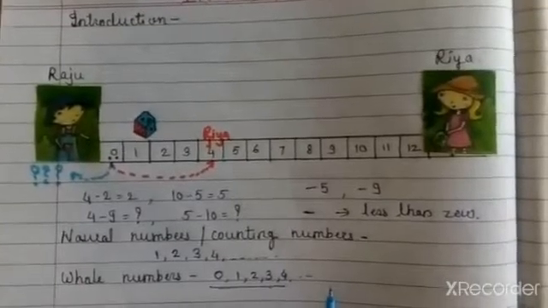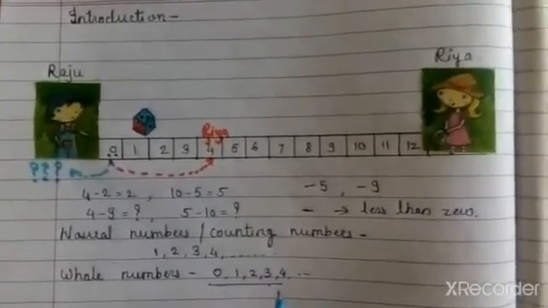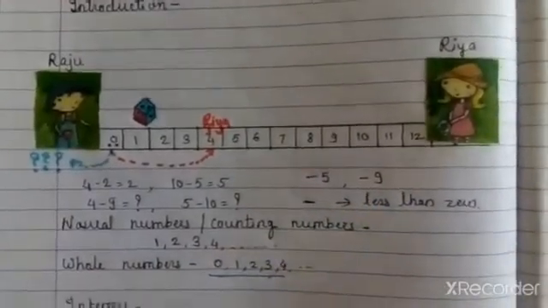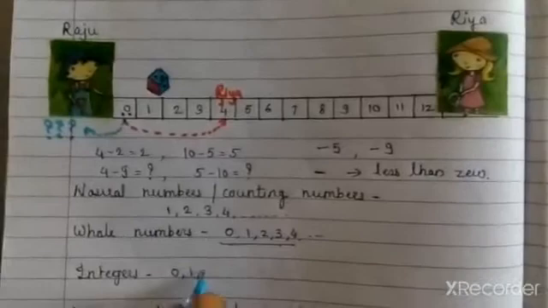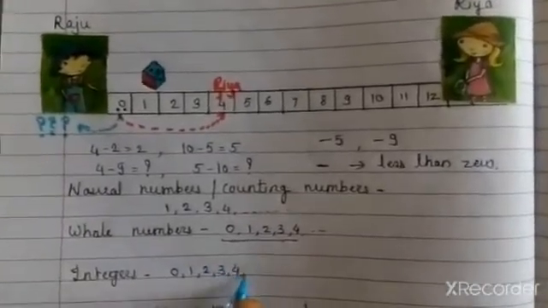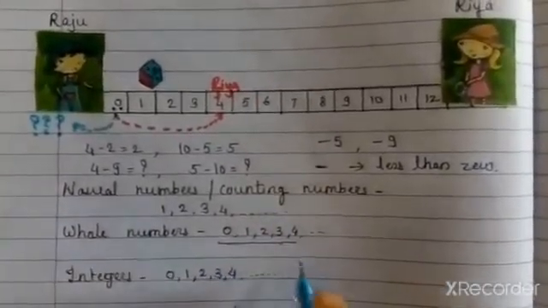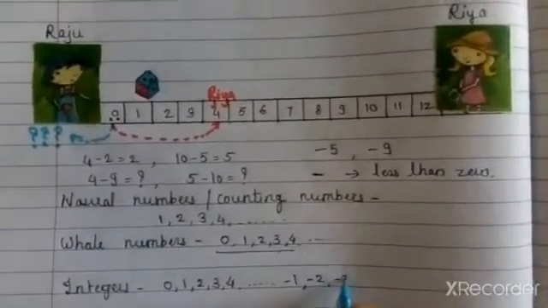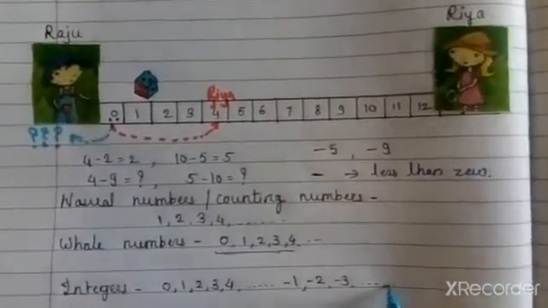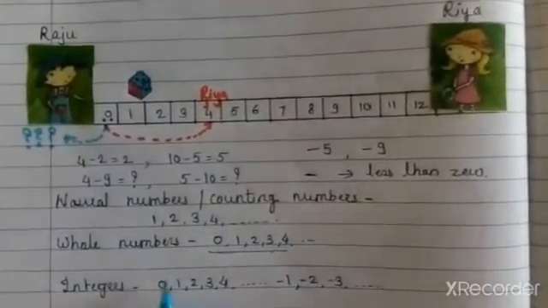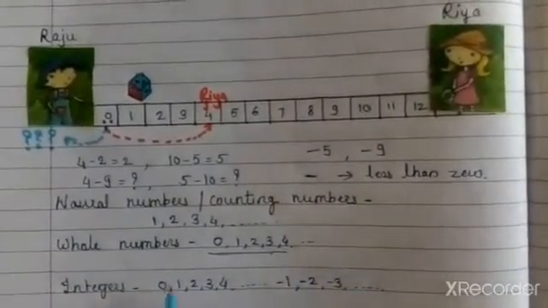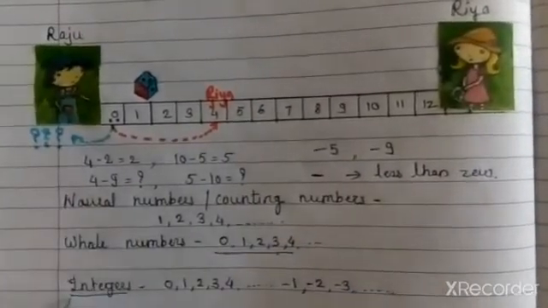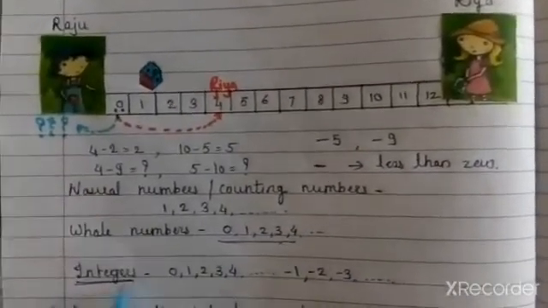Now we find that there are negative numbers too. If we put the whole numbers and the negative numbers together, then the new collection will look like this, and this collection of numbers is known as integers.